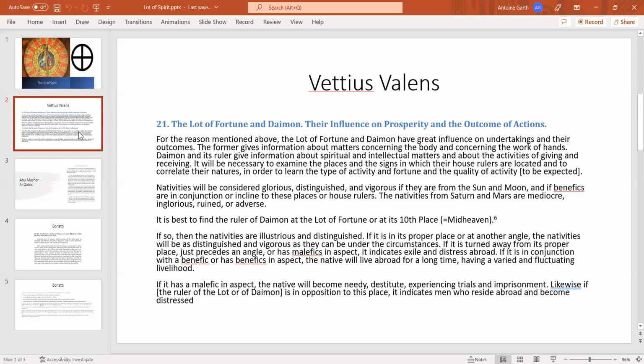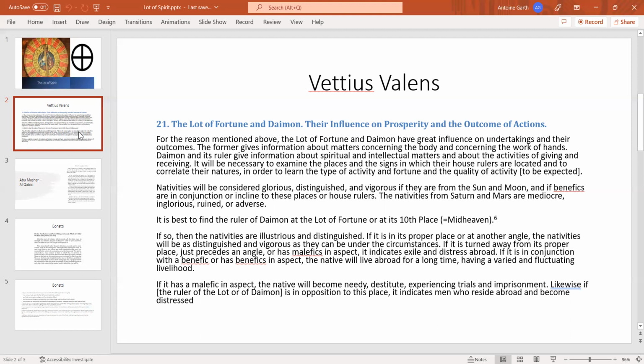I learned that through Rob Hand in the late 90s, when he and Robert Zoller and Robert Schmidt brought that whole renaissance of traditional astrology, and they're 100% responsible for it. That's how we found out that, oh wait, you have to switch depending on what kind of chart you have, or rather, sect matters.